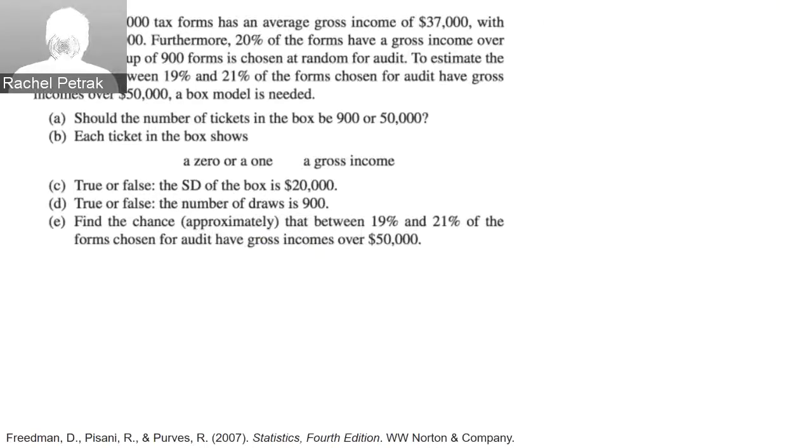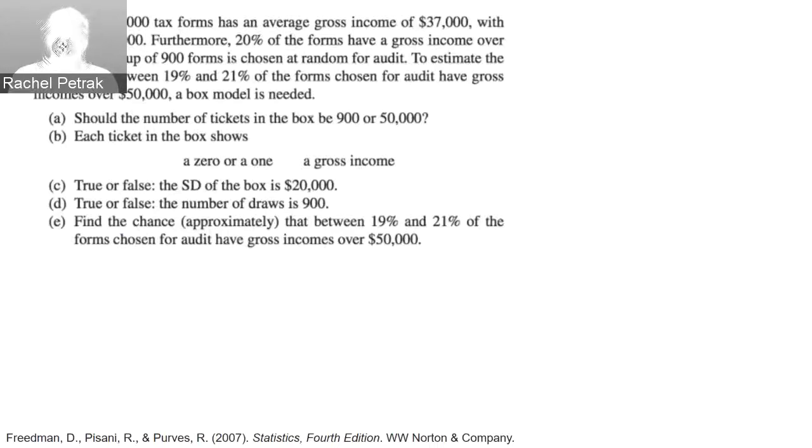A group of 50,000 tax forms has an average gross income of $37,000 with a standard deviation of $20,000. Furthermore, 20% of the forms have a gross income over $50,000. A group of 900 forms is chosen at random for audit.